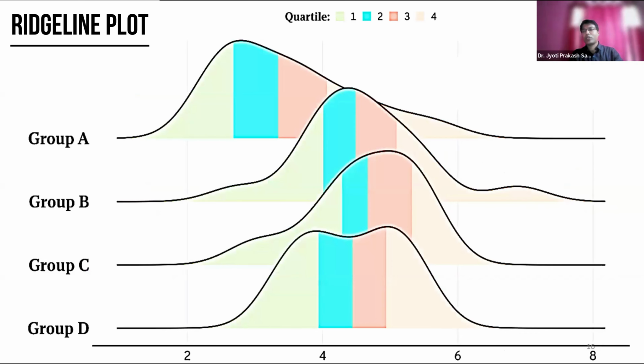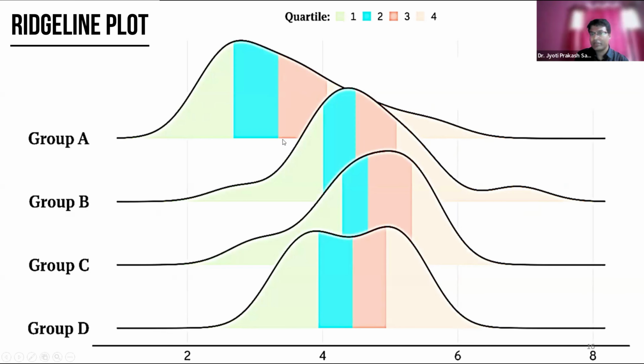This is the ridgeline plot. Like the four groups, we just swapped the axis. The x and y axis have been swapped. Four groups and their quartile values. The first, second, and third. This is the median value. The first quartile, second, third, and the fourth quartile.